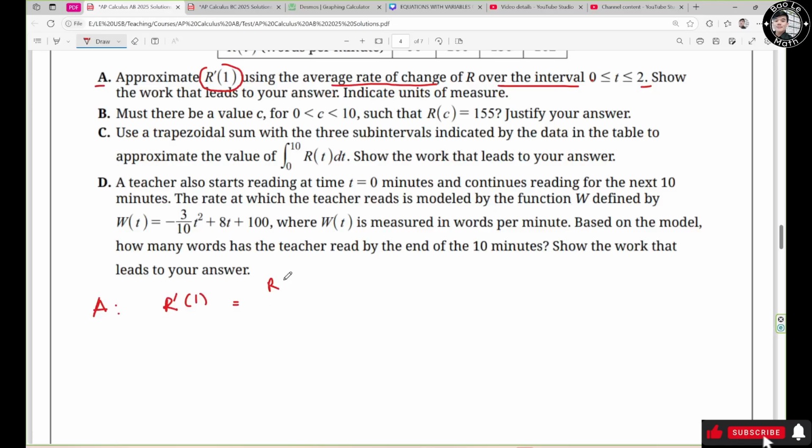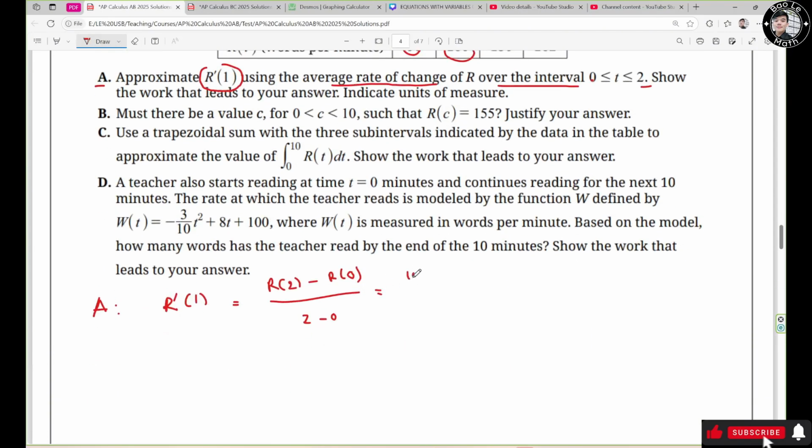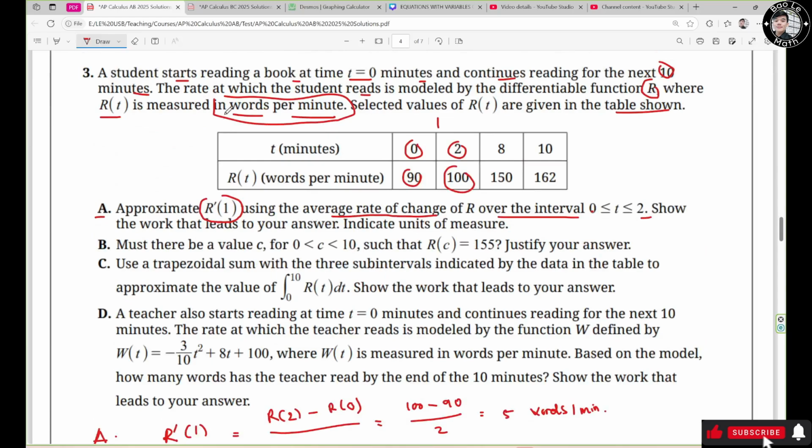So you have r of 2 minus r of 0 over 2 minus 0, right? r of 2 is going to be 100, r of 0 is going to be 90, right? So you have 100 subtract 90 divided by 2. So it could be 5 words per minute, right? The units right here, words per minute.